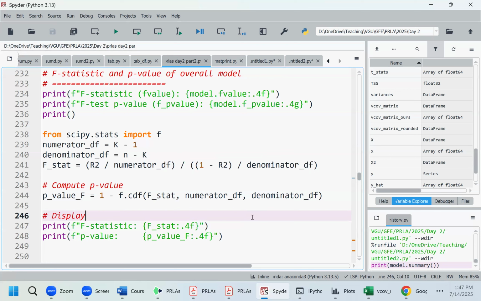So it can only be positive. So if you compute something, you only focus on 1 minus the CDF. Get it? So you type this one, or you don't type it, I don't know. But this is how we use Python to program the F statistic, right?